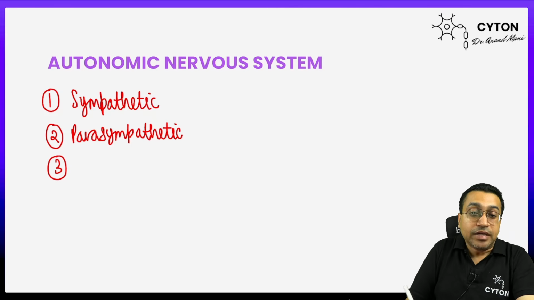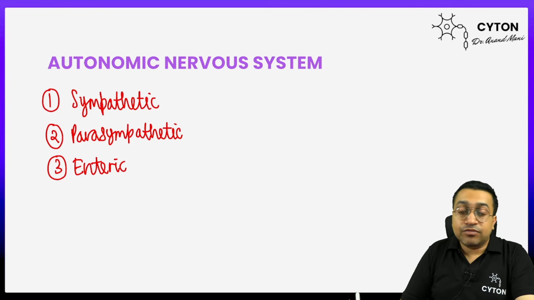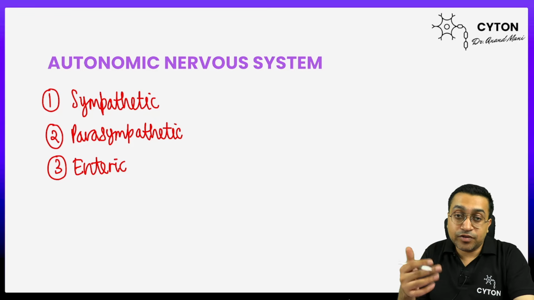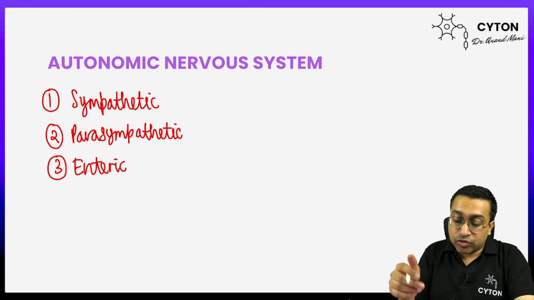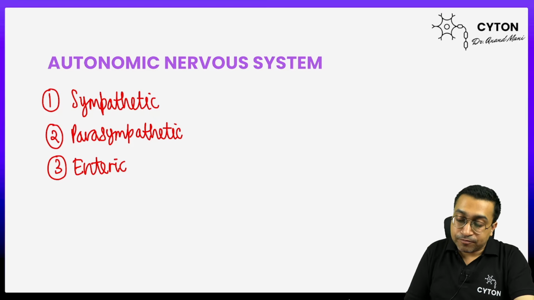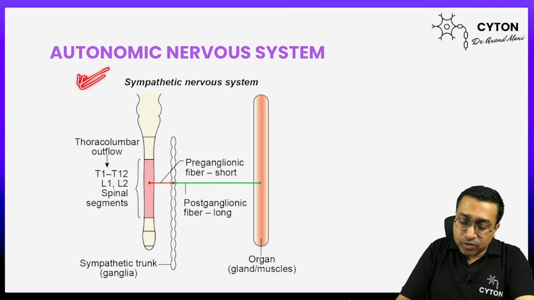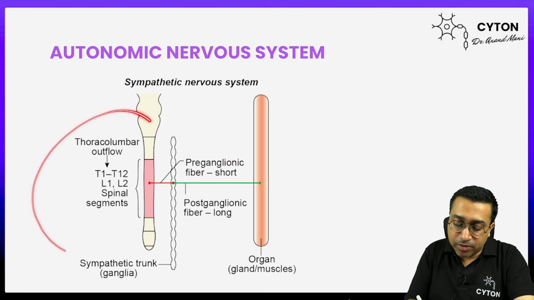Number three is the enteric nervous system. The enteric nervous system is something which is in a great research phase in AIIMS, New Delhi. So you can very well expect so many questions in INI based on this topic. Although you will study everything in quite detail in physiology, I am just giving a brief outlook here.